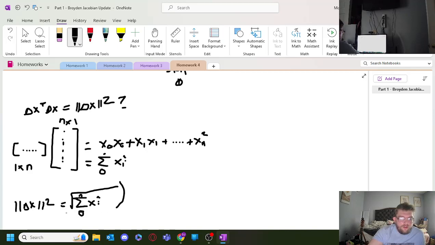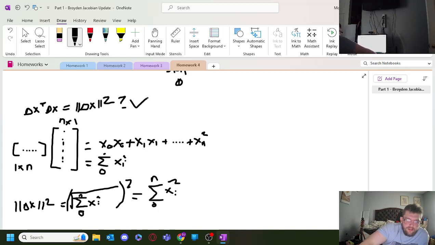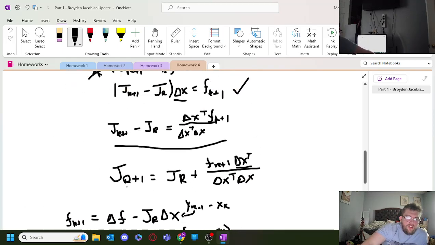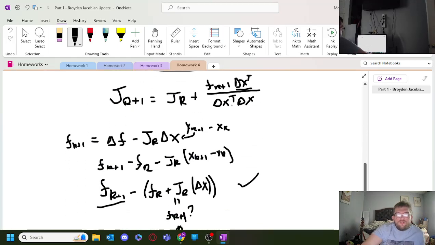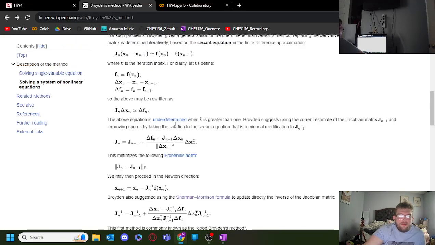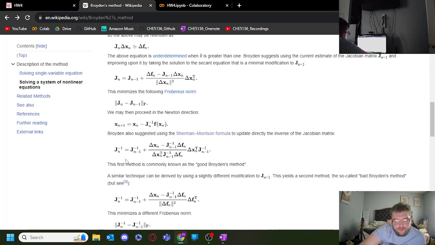And then if you square that, you get a summation from 0 to n of x sub i squared. Notice these two match. So this is good. We cleared this, we cleared this, we cleared this. So now we know for sure that this Jacobian update is the same as this Jacobian update. So we got that. Now let's look at how he did the inverse of that.